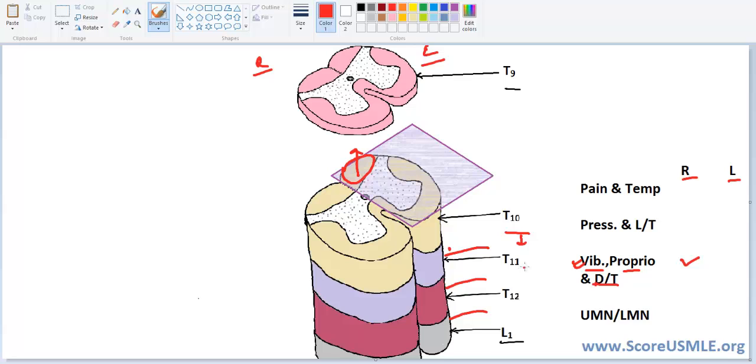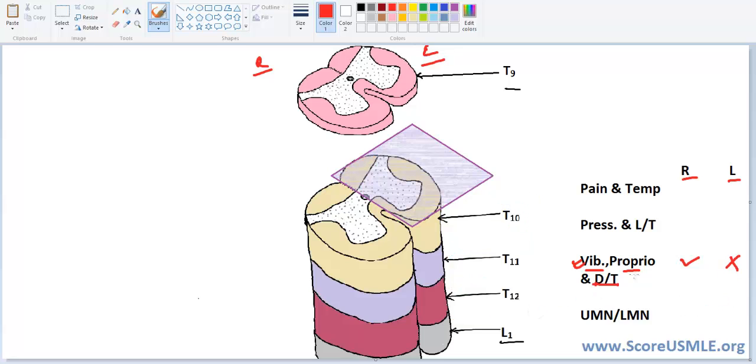With this information on the ipsilateral side of the injury, that is on the left side of the body, would this information be able to ascend through the spinal cord? No, because the axons of the lower segments traversing through this T10 segment are now damaged. So these sensations on the left side of the body are not transmitted to the brain.